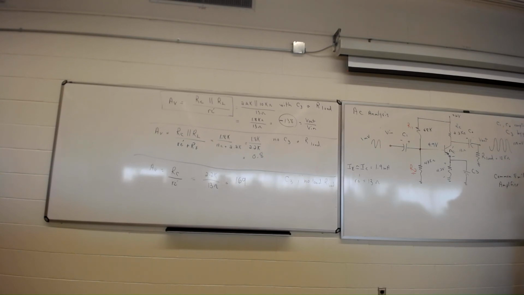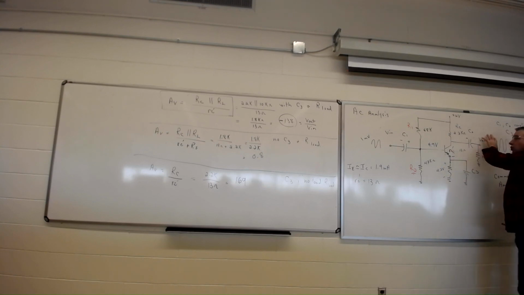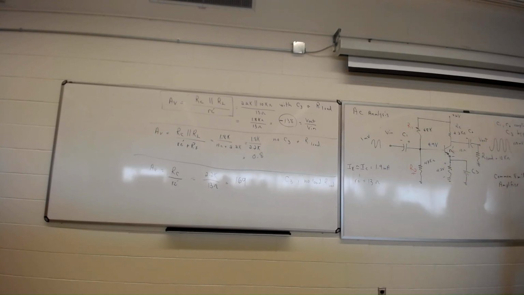So when we measure voltage gain, we measure the voltage going in, we measure the voltage going out, and then we do a ratio, and it tells us what the gain of the amplifier is going to be. And hopefully when we do it with all the parts in, we'll get something around 138. We probably will. Okay?